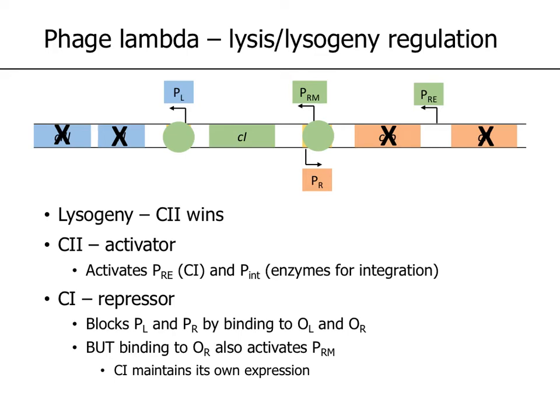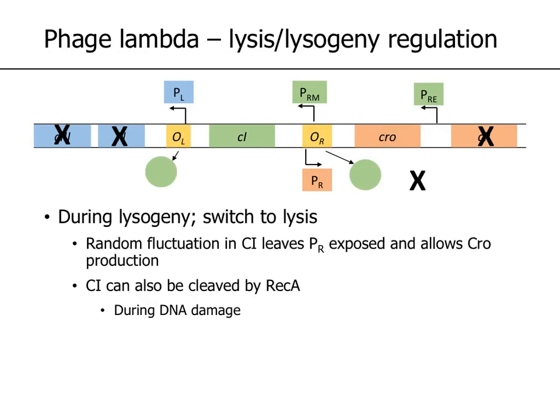Fine, it's just sitting here, blocking. How is that ever going to switch to lysis? Once it's in lysogeny, sometimes there are random fluctuations in C1. The concentration will decrease low enough that C1 releases from the operator site.